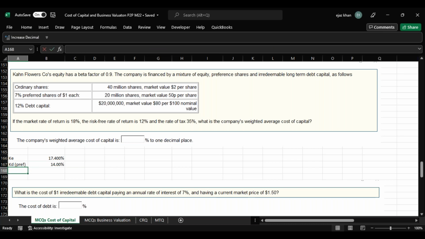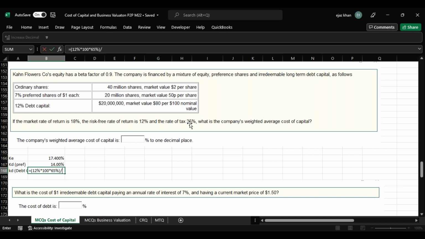Then comes the cost of debt capital. The percentage is 12% multiplied by the par value, and it says it has a $100 nominal value. Par value is $100, and it should be multiplied by 1 minus tax. The tax rate is 35%, so we take 65%.